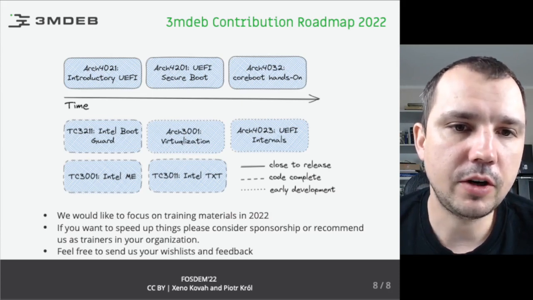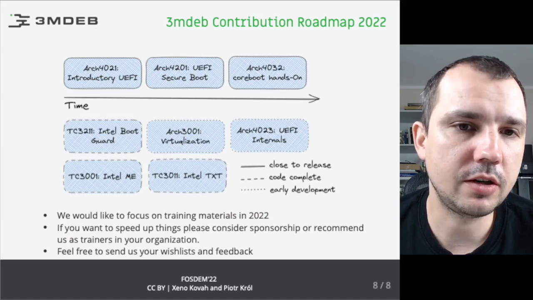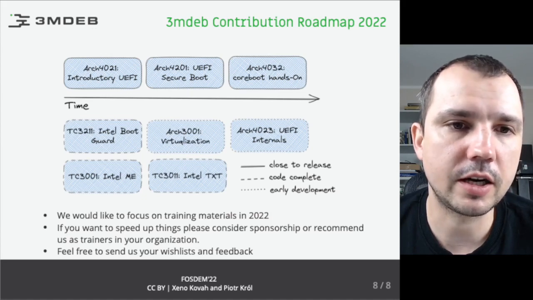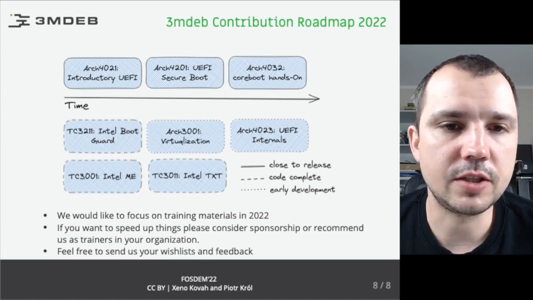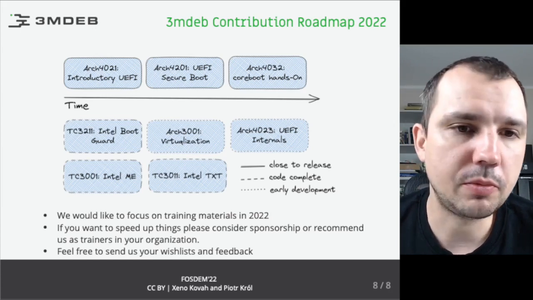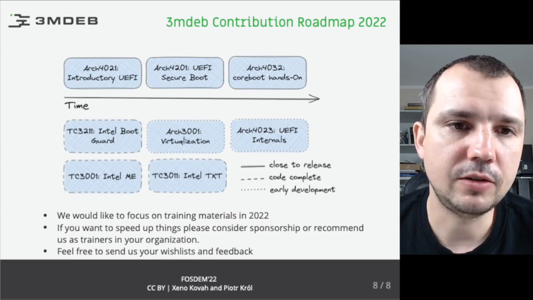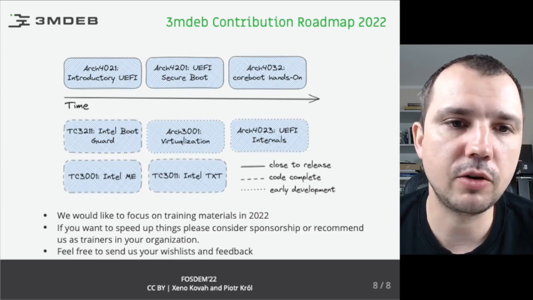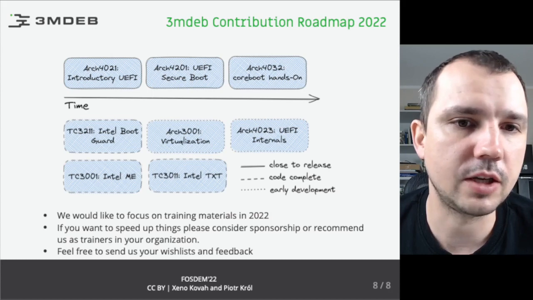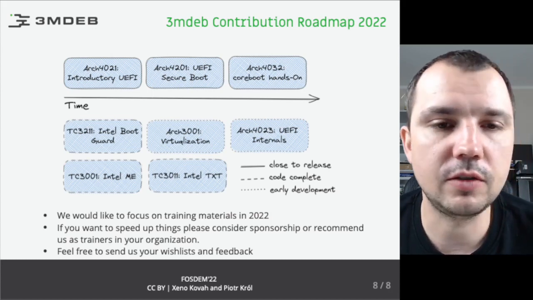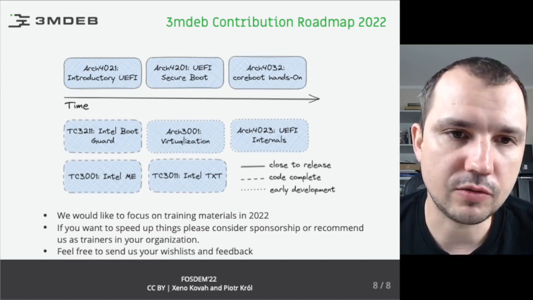And then finally we have things which are in very early development, like ARC 3001, which is virtualization. Definitely there are people who know virtualization better than us to proceed with that training, but we already created some basic material, and maybe we will continue that if there is no one interested in contributing.